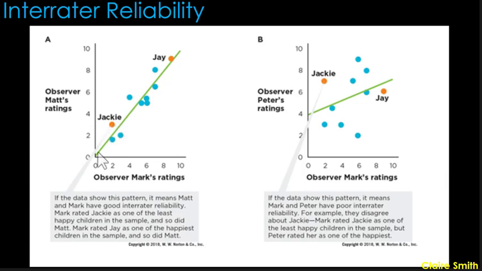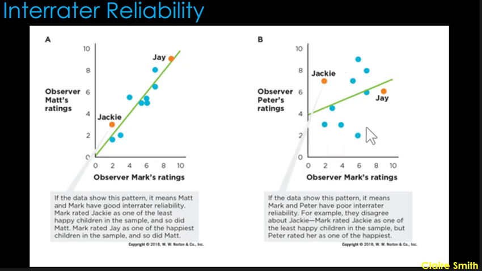Okay, so if all the children's ratings are close to the line, that means that Matt and Mark have good inter-rater reliability, right? So Jay was the unhappiest that Mark thought, and Matt also thought Jay looked the most unhappy. Okay, so you want both measurements to be similar in order to have good inter-rater reliability.